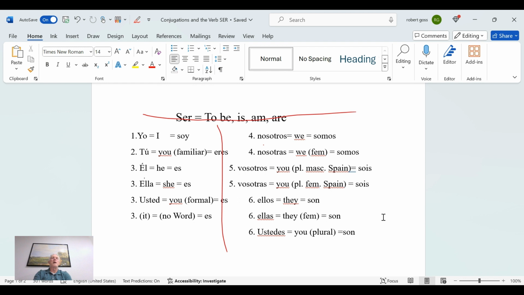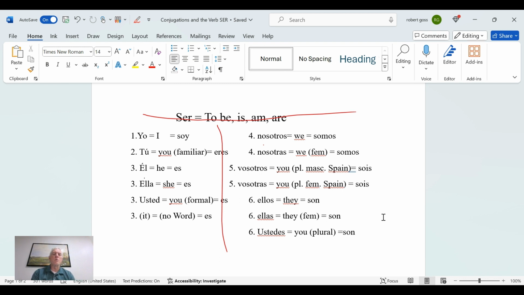It has to be yo, it has to be I. So sometimes you could say yo soy for I am, or you could just say soy, and that would still mean I am. And most of the time, if you say yo soy, you're emphasizing the fact that it's I. So soy, I am, but if I say yo soy, I am. Okay, we're kind of emphasizing it a little bit.